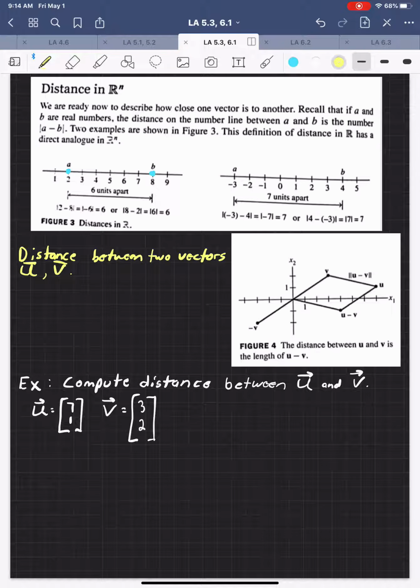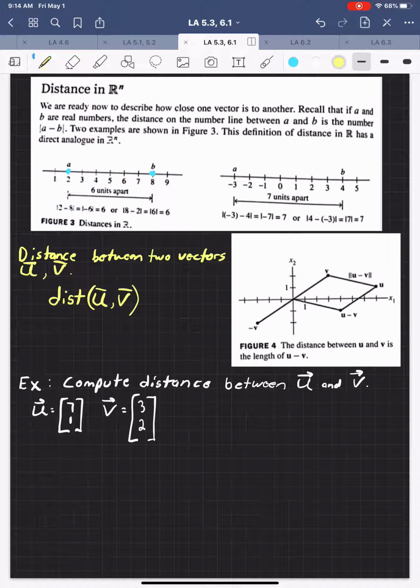The way that we would write that is the following. So that's pretty easy to remember, but that's what we mean to say the distance between two vectors.